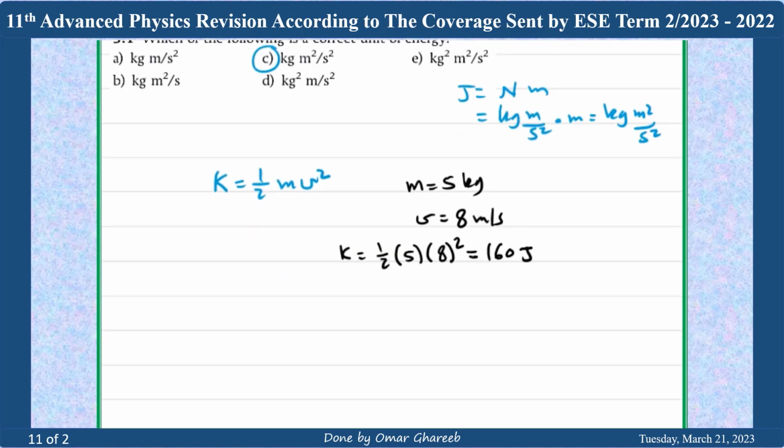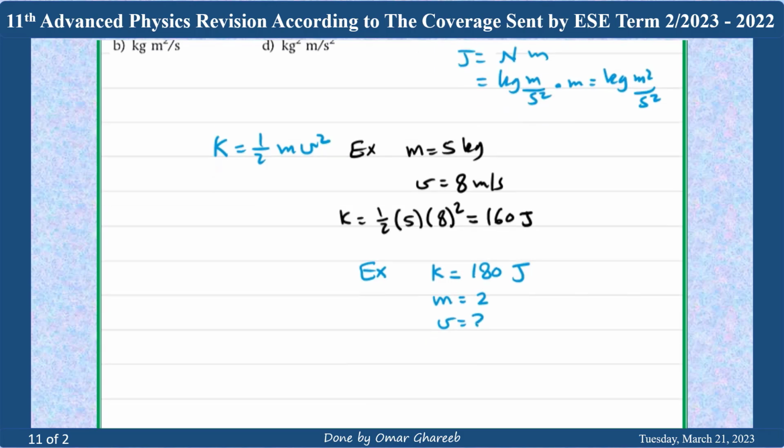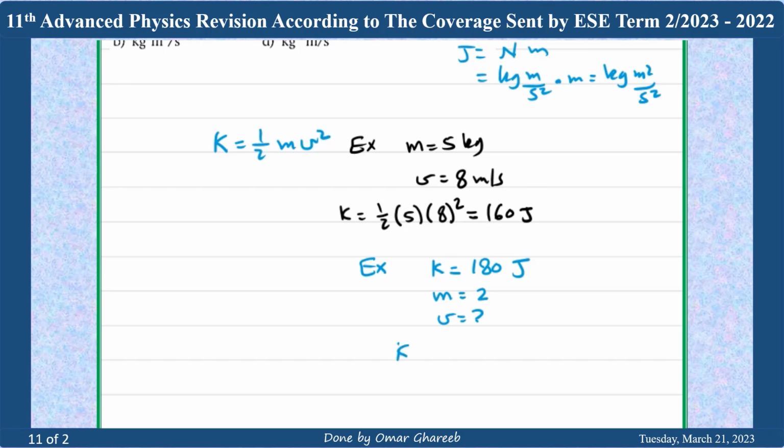This is some example, okay? Another example: the question may give you the kinetic energy, suppose it is 180 joules, and the mass is 2. Find V. It's easy. K equals 1/2 mv squared. K is 180, 1/2, the mass is 2, v squared.